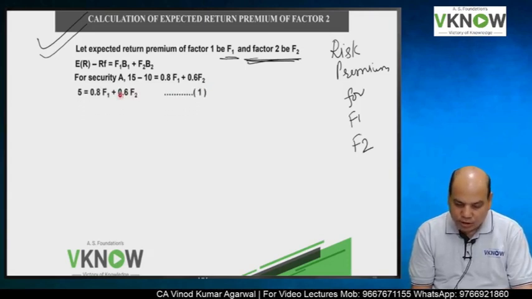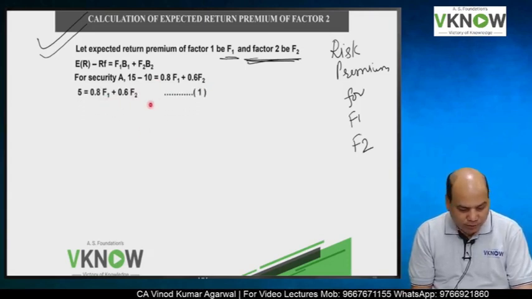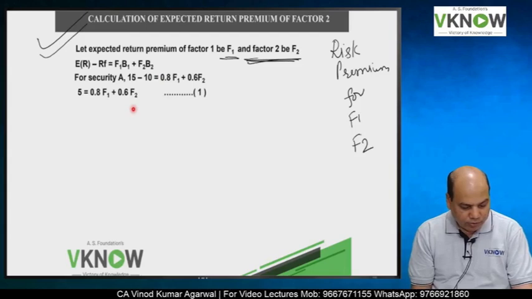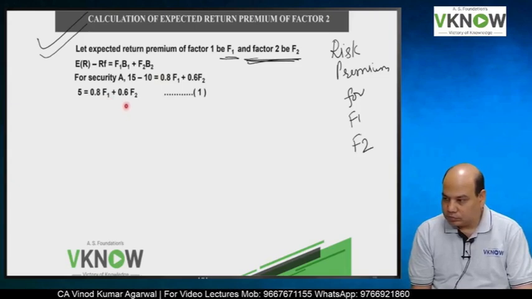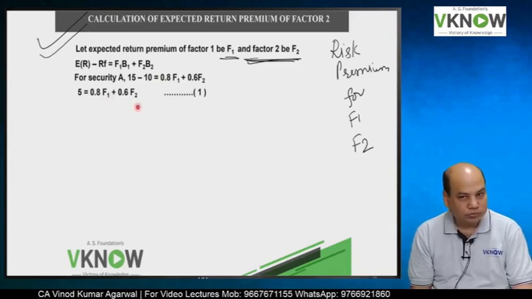First I'll simplify it for you: 5 is equal to 0.8 F1 plus 0.6 F2. Is it right?